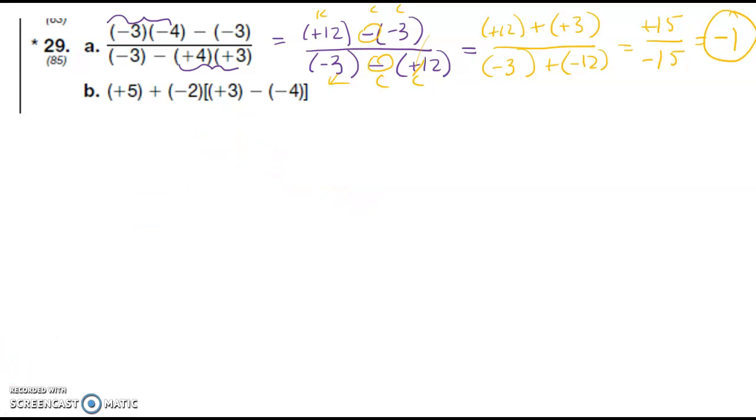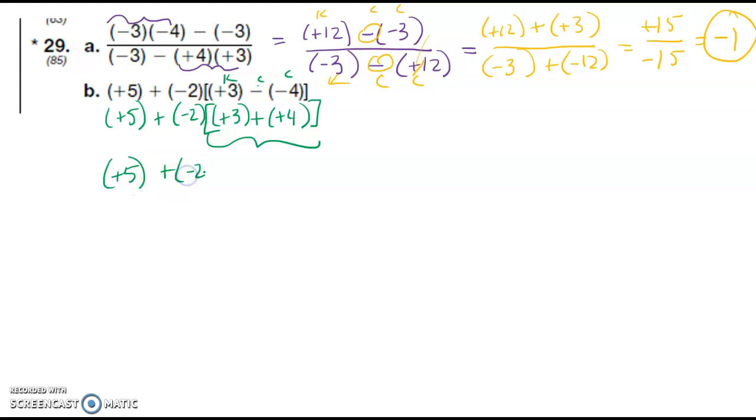All right, let's pick a different color. And let's see. So we have plus 5 plus negative 2. And then I'm going to keep change here. So that's plus 3 plus 4. And I'm going to do this part first per PEMDAS.